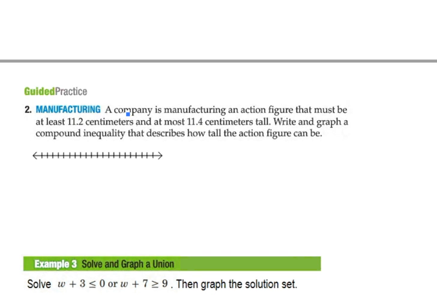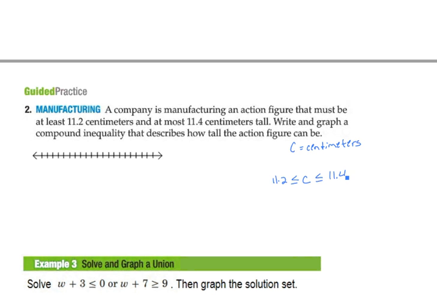So the way that I read it, it has to be between those two numbers. So the action figure height, let's say C for centimeter, because we just used H, has to be greater than or equal to 11.2, but then less than or equal to 11.4. So look at what I just did.